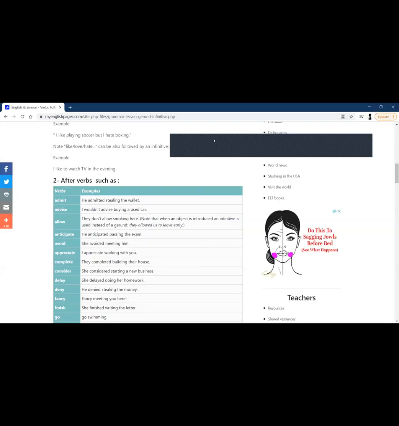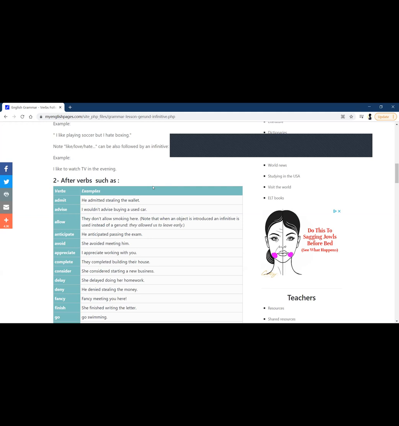I forgot to explain one thing. If you notice, there are typically two verbs in one sentence. For example, he anticipated passing the exam. In this situation, the gerund and infinitive forms of a verb don't function as the verb of the sentence.